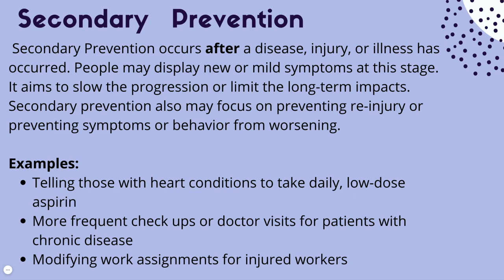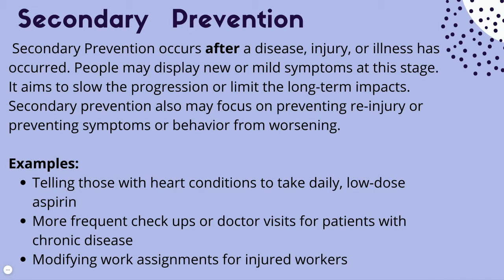So secondary prevention, symptoms or behaviors have already occurred, and we're trying to stop the spread from worsening, right? Biggest thing with this prevention, we're trying to stop the spread. So in secondary prevention, biggest thing here is slowing and trying to limit the long-term impacts.